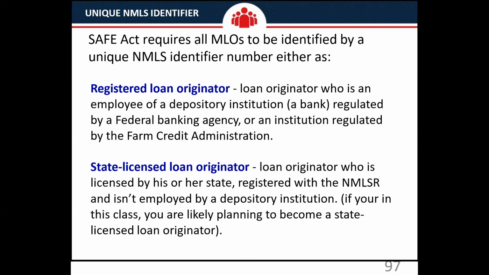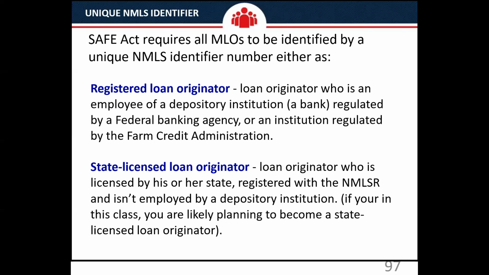A state licensed loan originator is what you're trying to become: licensed by his or her state, registered with the NMLSR, and not employed by a depository institution. If you're in this class now, you're likely planning to become a state licensed loan originator. It gets kind of crazy because it's federal. You have to pass the national exam, which is a federal exam, but you're licensed by the state that you're in.